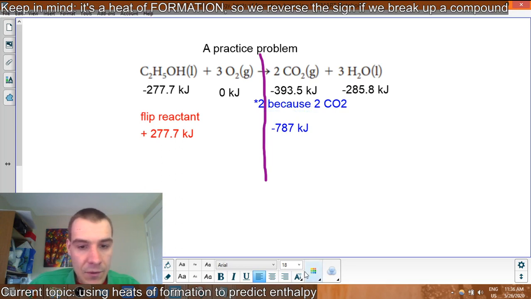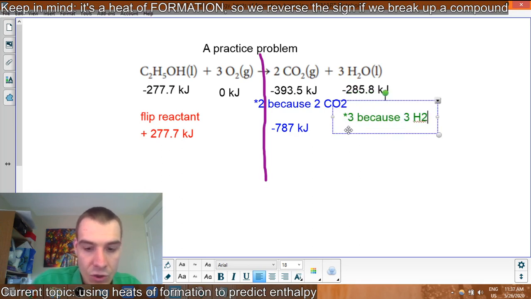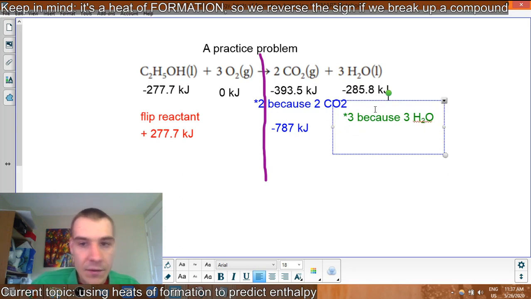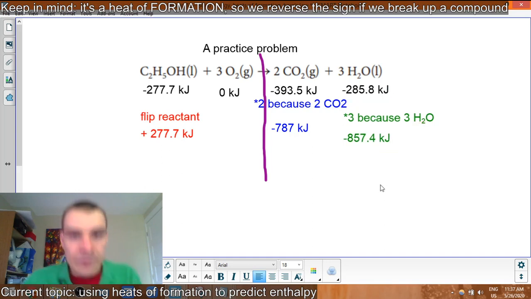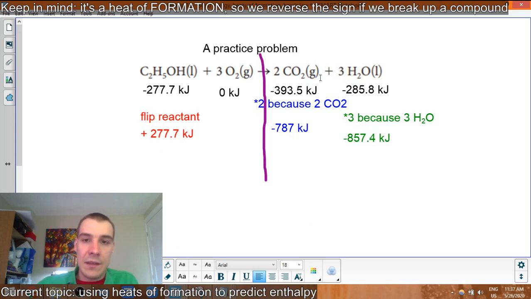And with the same logic, the water is going to be times 3, because 3 H2O. So minus 285.8 times 3, minus 857.4 kilojoules.